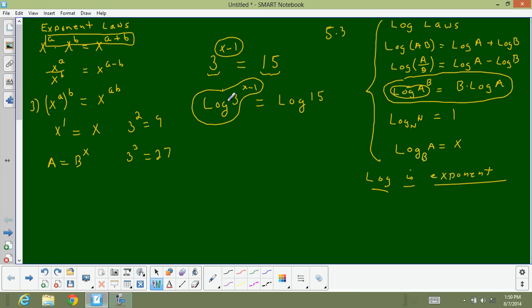And it's based on this third exponent law, raising a power to a power, you multiply the powers. And so this x minus 1 right here, I'm going to bring that and multiply it times the log of 3. And over here, log 15.